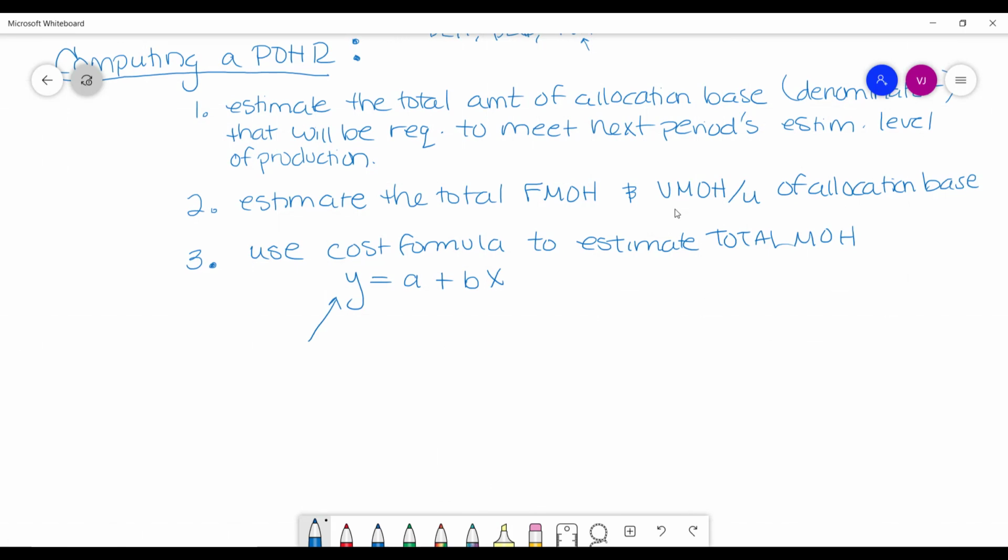In this case, the total cost is total manufacturing overhead. So y is your estimated total manufacturing overhead. a is the estimated total fixed manufacturing overhead. b is your estimated variable manufacturing overhead per unit. And x, remember, is your activity level. In this case, it's the estimated amount of your allocation base.